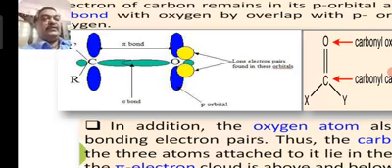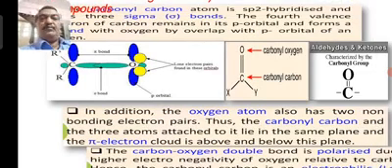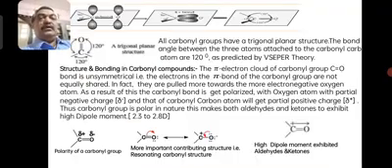I want to remind you why the structure of these carbonyl compounds is very essential to understand most of the chemical reactions. The molecule is trigonal, the angle is 120, and it is planar with the pi orbital located above and below.